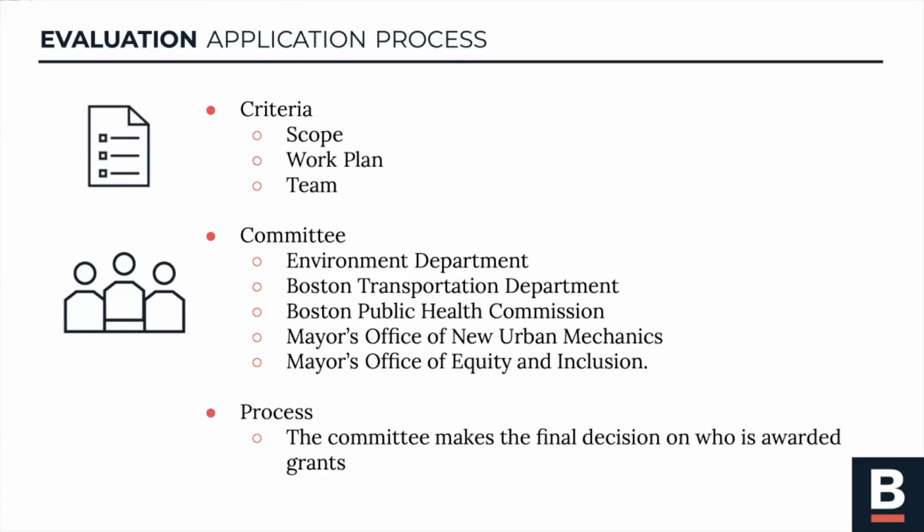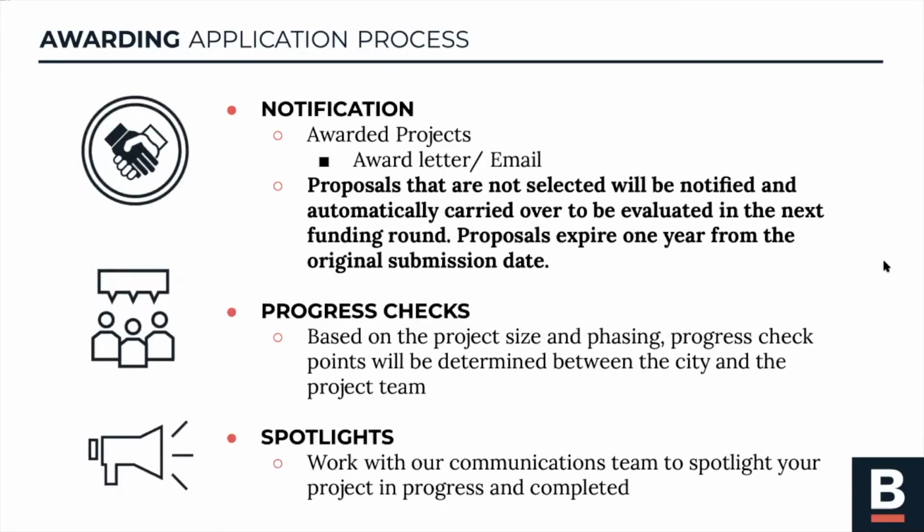As for the process, high level, the committee will be making the final decision on who we're awarding the grants. We will all get together, use the evaluation criteria to review and have discussions, and then be making decisions, generally speaking. Once that process happens, we'll give a little insight into awarding real quick on the next slide.